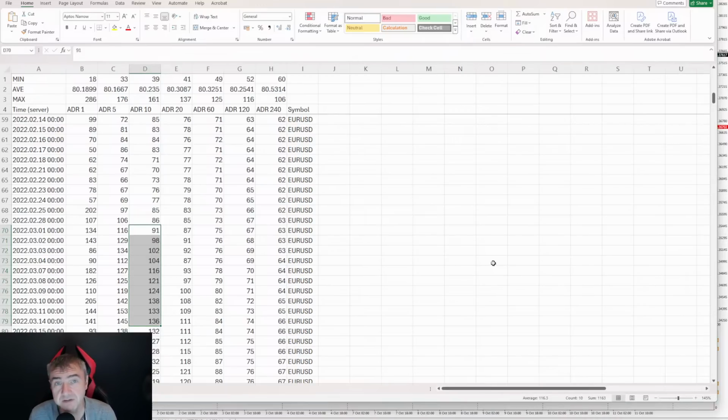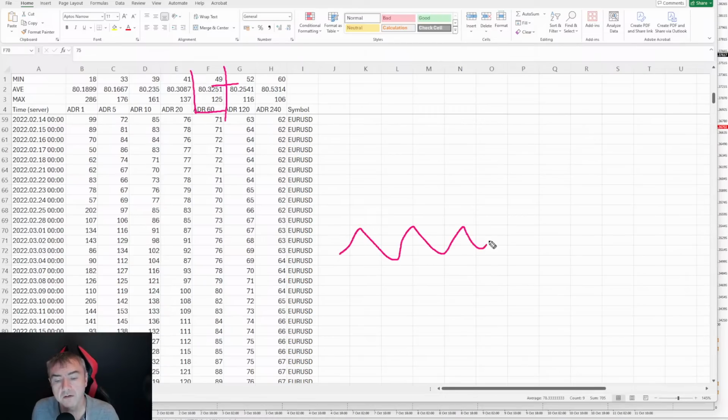That's a 40% increase in ADR. Huge. But using ADR 60, we went from 75 to 83. That's less than 10 pips. Yeah. So the smoothing effect of using an ADR over a longer period still tells you roughly what the pip movement is of this instrument.